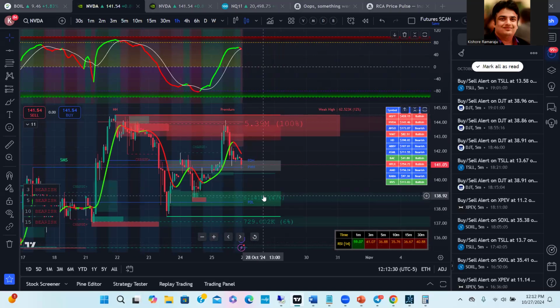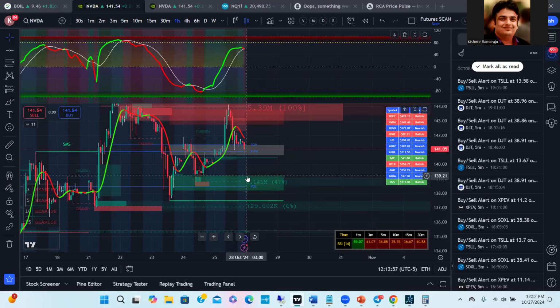Right? Approximately it may come around 138. So if you sell a call, you sell 138 call, you buy 142 or 143 call, you have 90% chance to make money. It may drop even until here, but you don't want to take a lot of risk. You get your profits before it hits this level. You will make nice money.